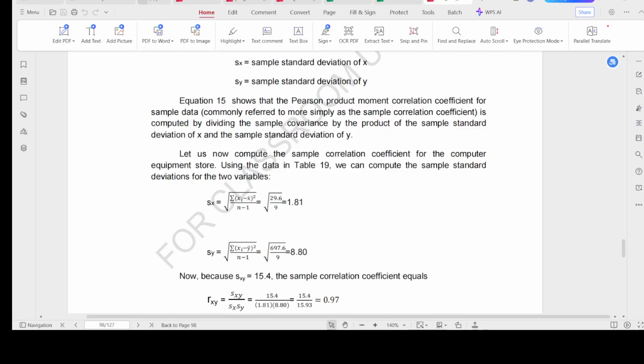We will add another column. Let's try to adjust. So we're going to have the square root of the summation of x minus x prime squared.